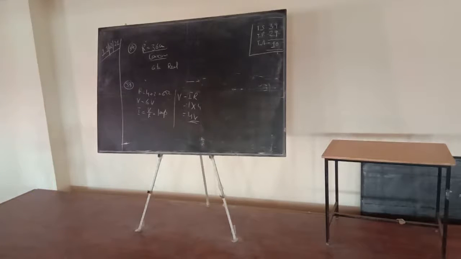So in the question, the radius of curvature of a concave mirror is 36 centimeter. So what value can you find from it? Yes, Joshua. What is the meaning of this statement?